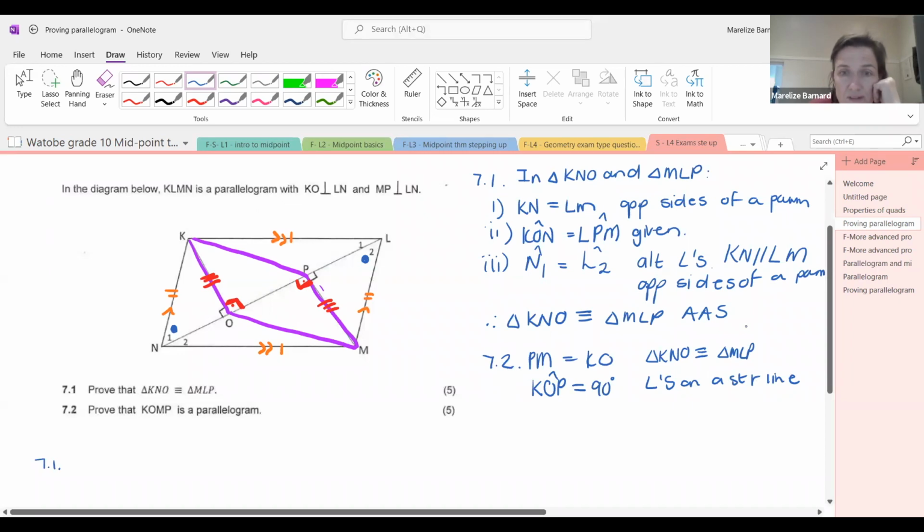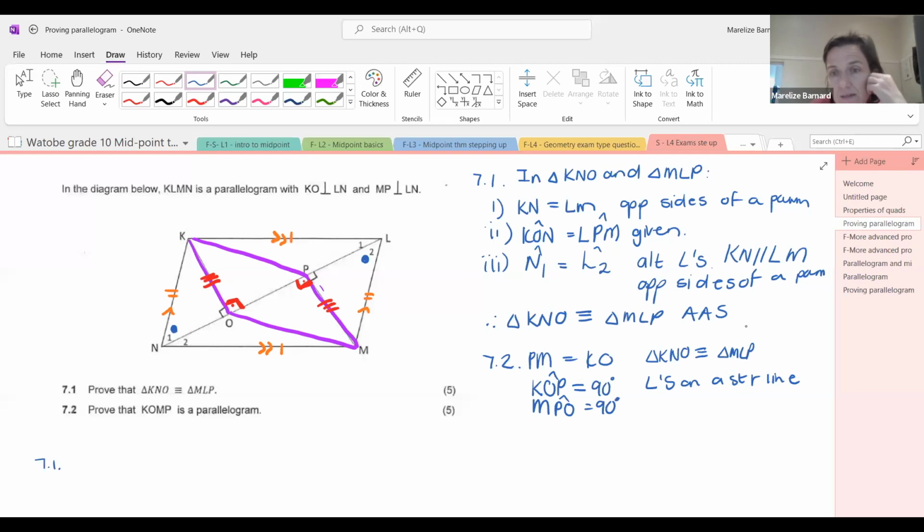And with that same reasoning, MPO is equal to 90 degrees, also angles on a straight line.